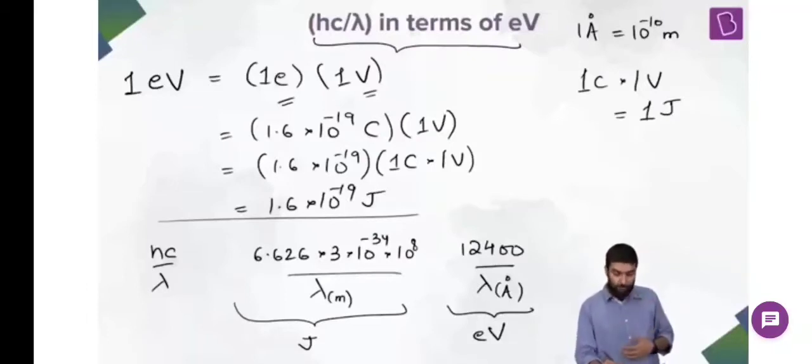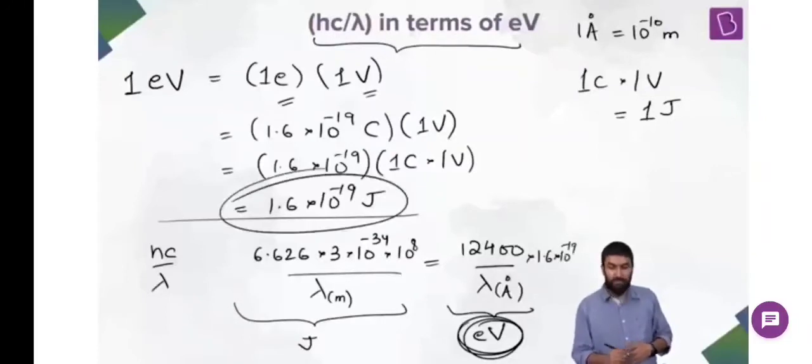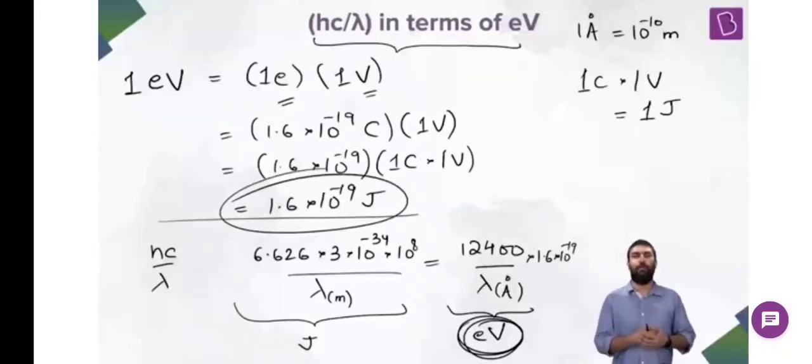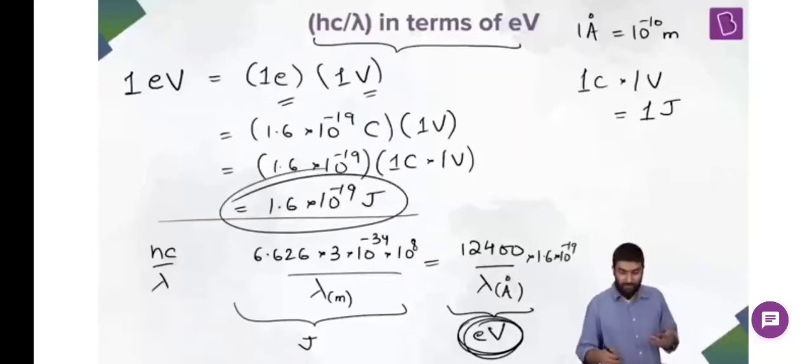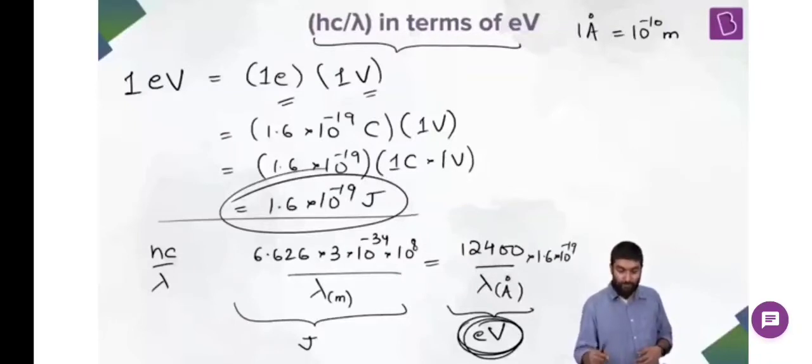You can actually go verify. If you want to equate them, you need to convert this eV into joules. So if you multiply this thing with this number over here, as we just found out, you would realize that both of them are coming out to be the same. For example, let's say your wavelength was 300 nanometers.